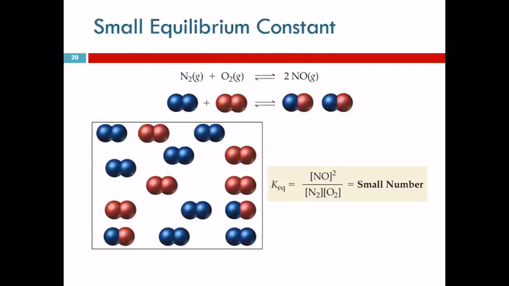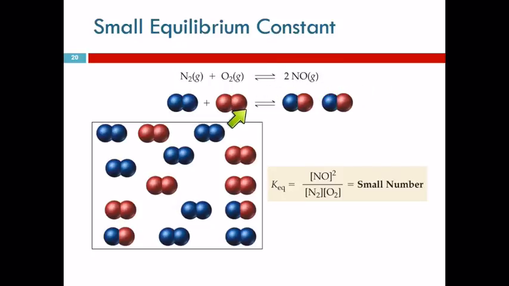Small equilibrium constant is the opposite. In this reaction of nitrogen and oxygen to form NO, at equilibrium what we'll see is there's very little NO in this box. It's mostly reactants. The forward reaction doesn't go very far. It's very slow.